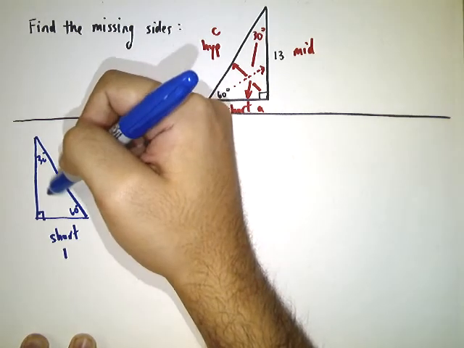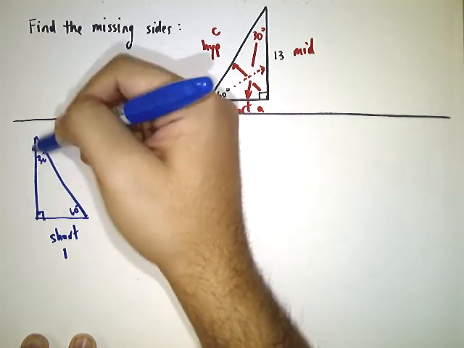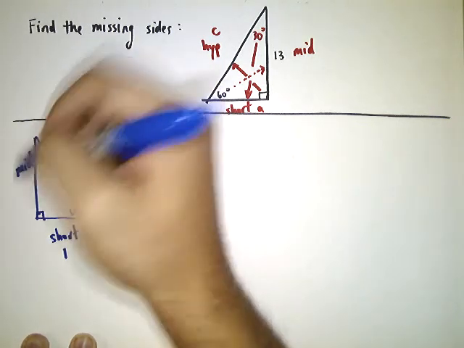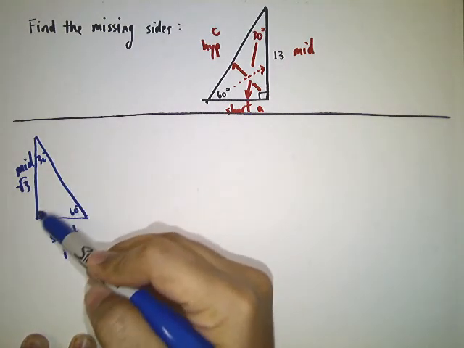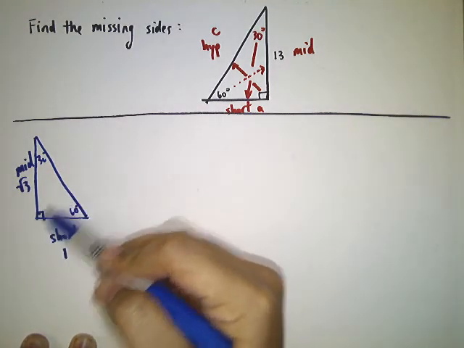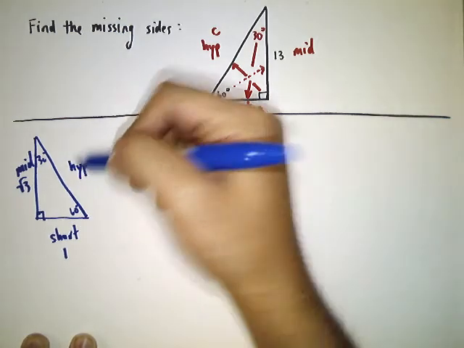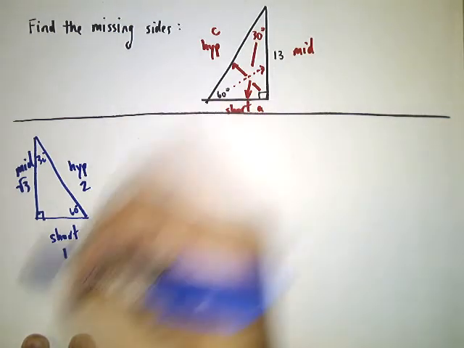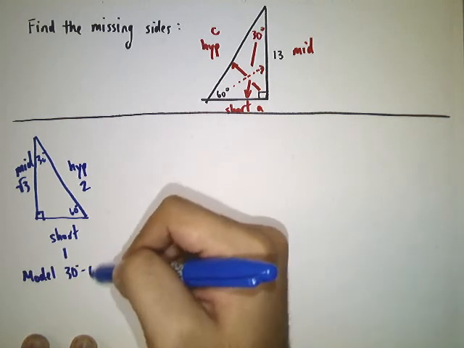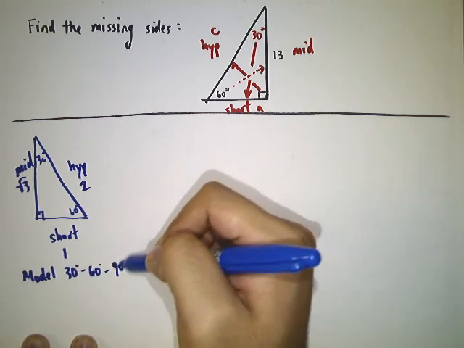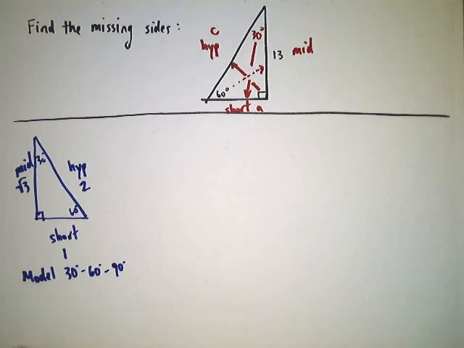Opposite the 60-degree angle is the mid side, which is root 3 units long. And opposite the 90-degree angle is the hypotenuse, which in the model triangle is 2 units long. This right here is the model 30, 60, 90 right triangle.